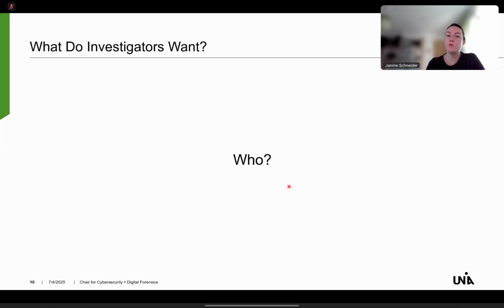Of course, we want to know who did it, like who is the perpetrator, who is the hacker, who is the murderer, who is the burglar. Why did somebody do it? It's the question of the motive. It's especially important for the assessment of the sentence in court proceedings.